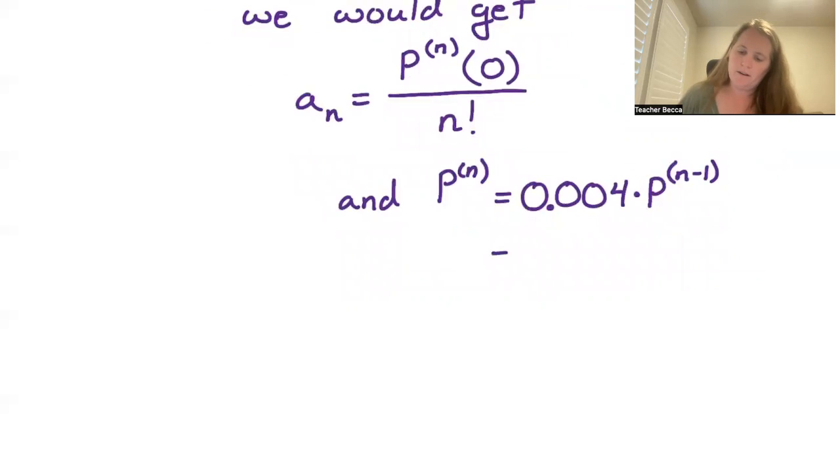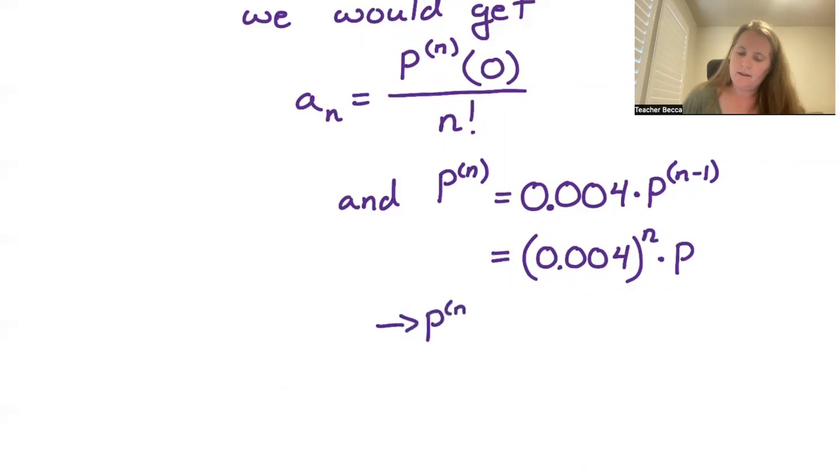And therefore, it's simply equal to 0.004 raised to the nth power times p. So that would give us that the nth derivative evaluated at 0 would just be 0.004 to the n times p of 0.